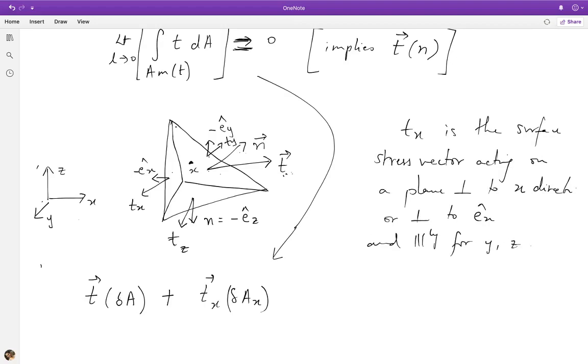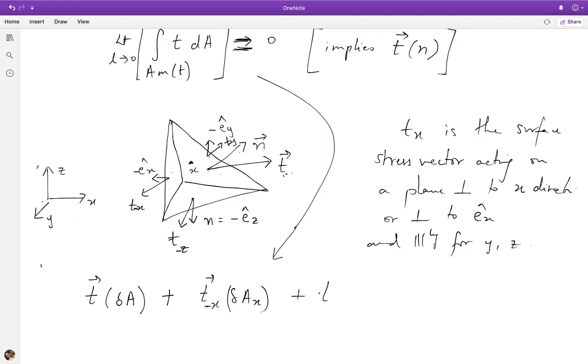But now the plane that we have chosen here is not oriented along Ex, it's rather oriented along minus Ex. So this is T in the minus x direction. Similarly, this is T in the minus z direction, and this is T in the minus y direction. And what we would like to do is represent T in terms of Tx, not T minus x. So we need a relation between T minus x and Tx, which we shall come to in a moment.